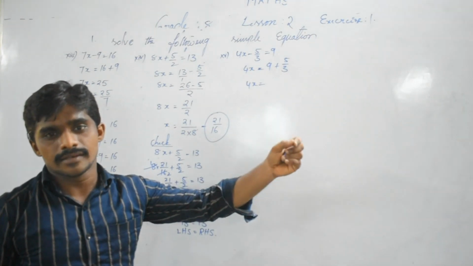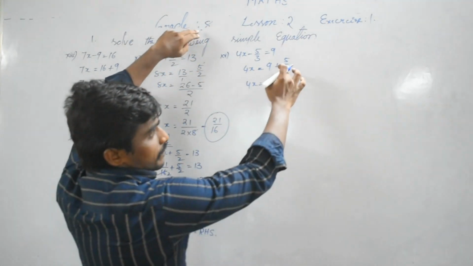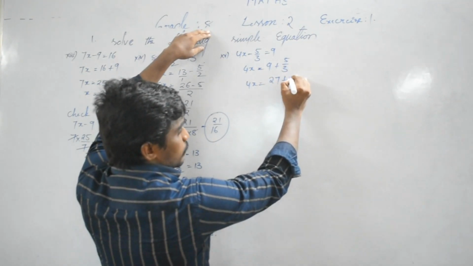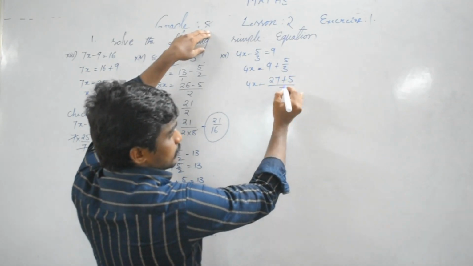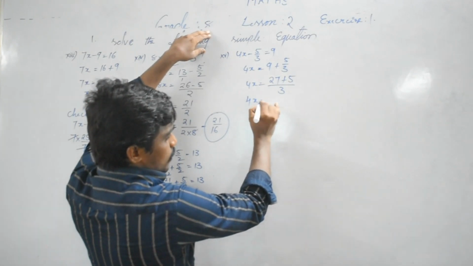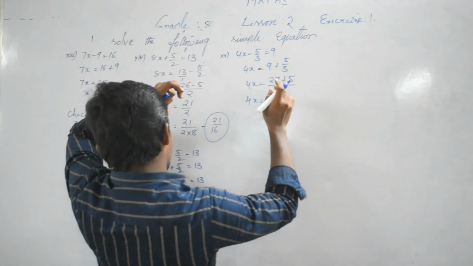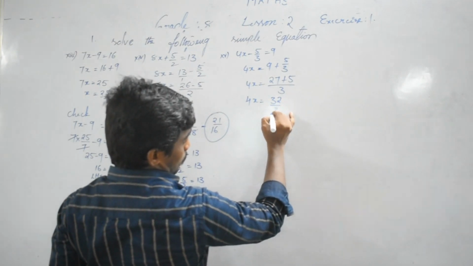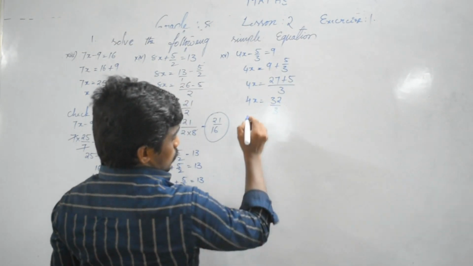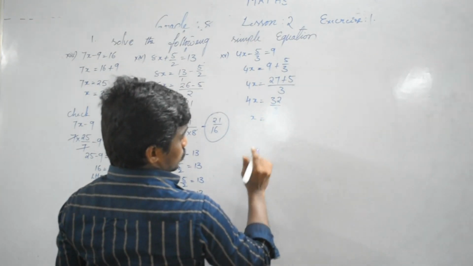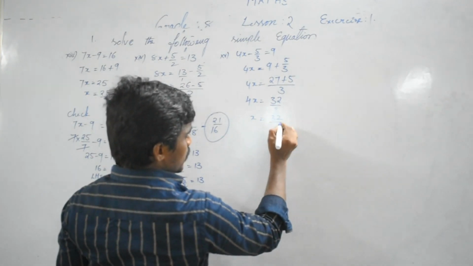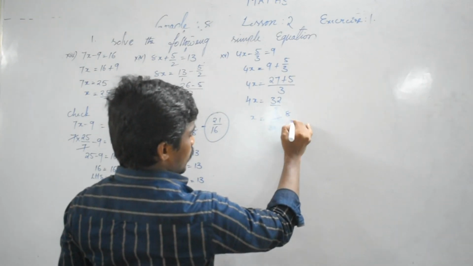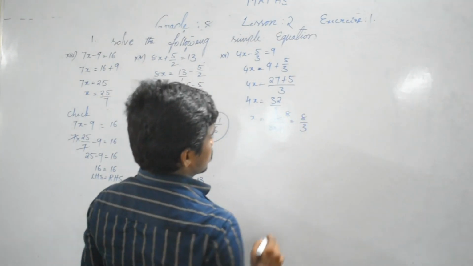So I said it directly. 3 9s are 27 plus 5 by 3. So 4x equal to 27 plus 5, 32 by 3. So x equal to 32 by 3 divided by 4. 4 1 jar, 4 8 jar. 8 by 3 is the x value.